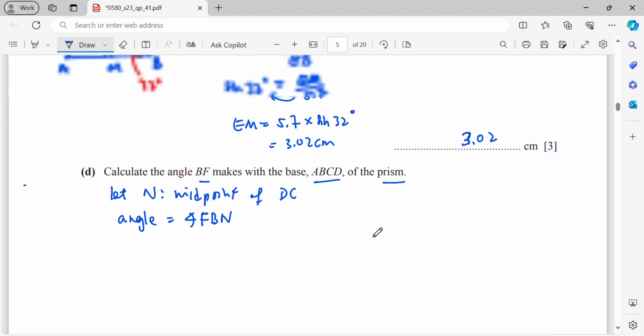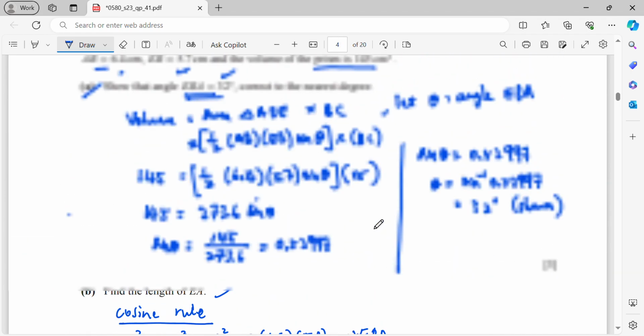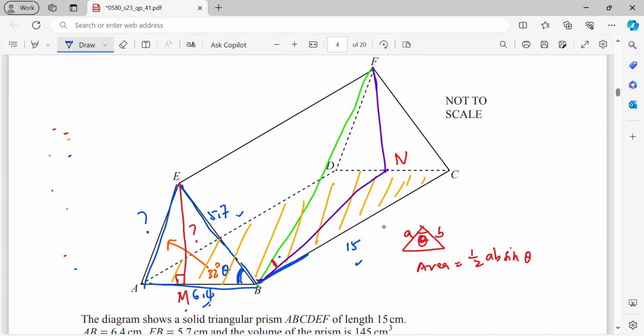Now to get FBN, we know that FN to NB is 90 degrees. I need to find out my BF, which is the hypotenuse, and I also need to know my FN.